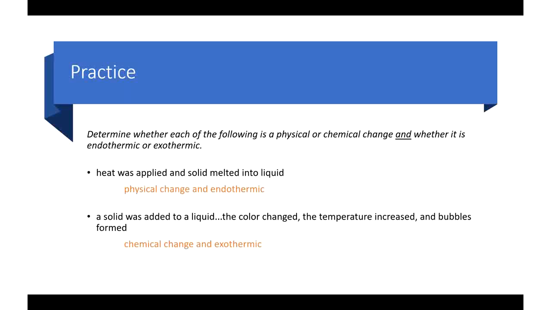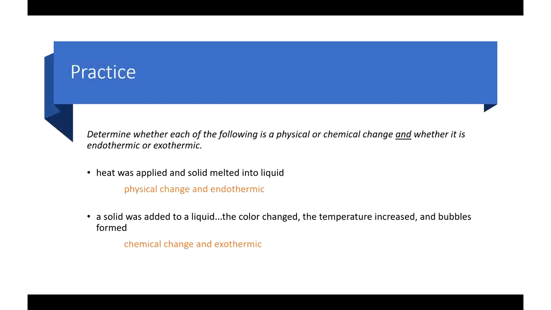Now, some of you may be a little bit confused right now and thinking, wait, solid is melting into a liquid. Isn't that getting warmer? That's why the solid is melting. And so shouldn't that be exothermic? Well, remember, when we talk about chemical change being exothermic, we're not saying that we're applying external heat.